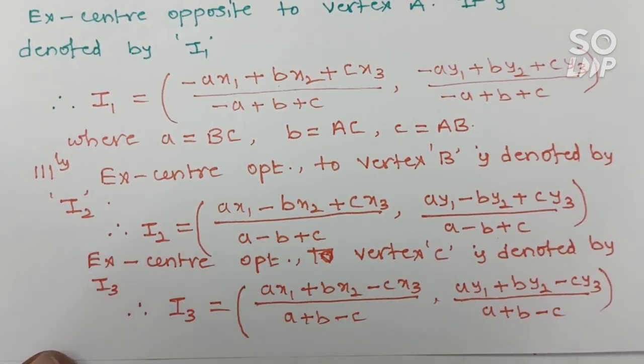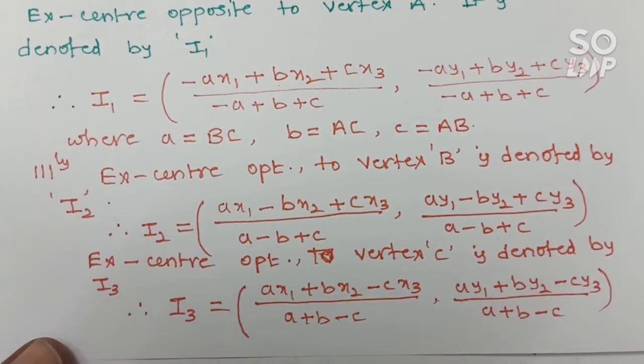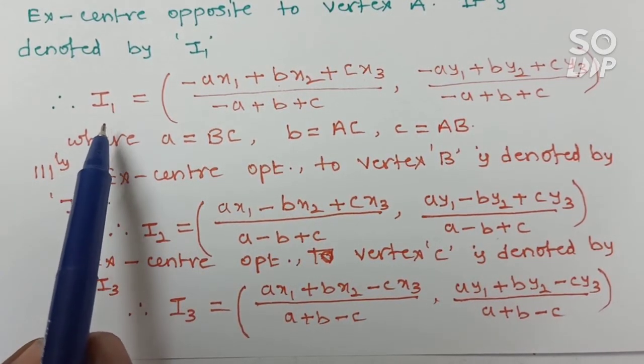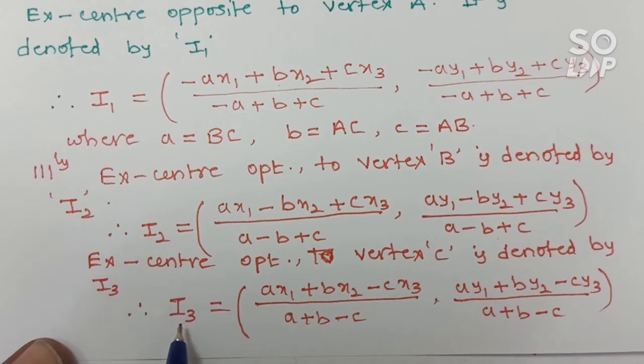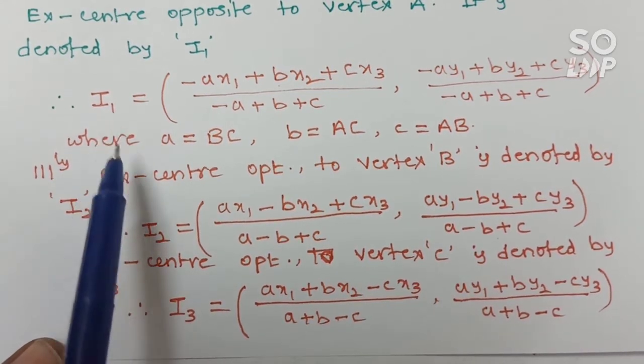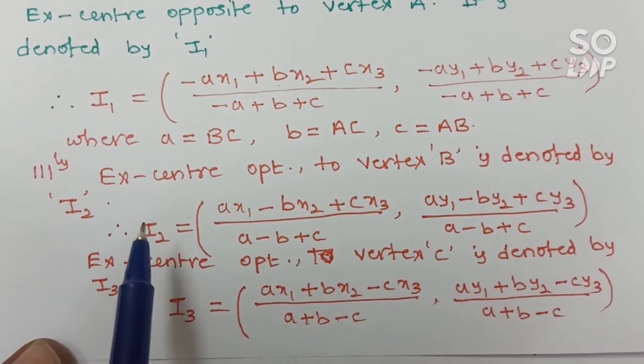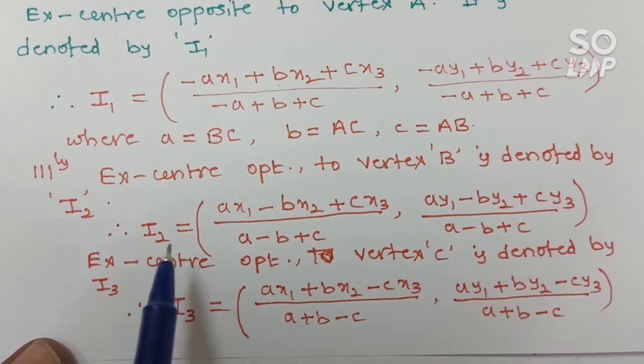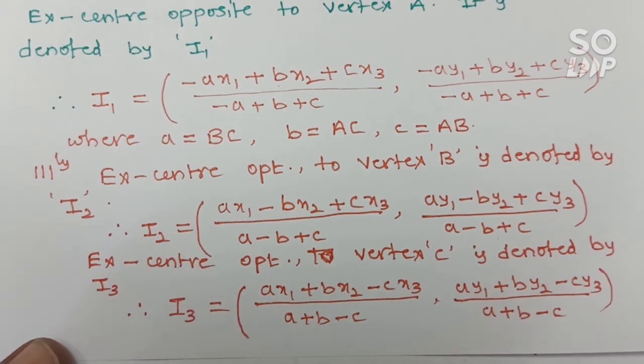Now from all these excenters, suppose you form a triangle with the excenters I1, I2, I3. Then the orthocenter of the triangle formed by the excenters will be equal to the incenter of the triangle.